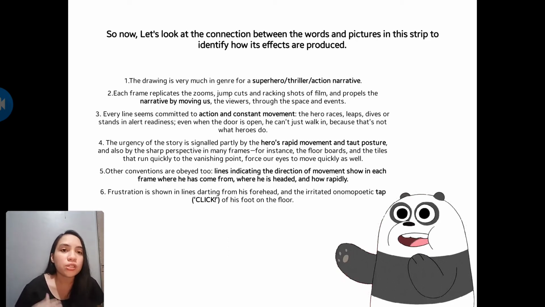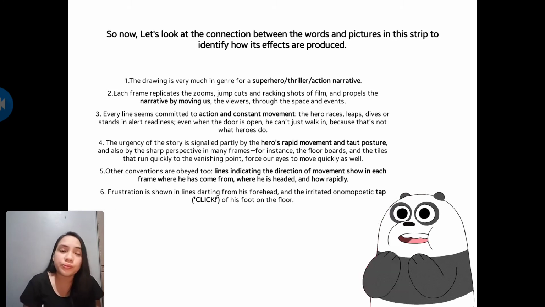So fourth, the urgency of the story is signaled partly by the hero's rapid movement and taut posture, and also by the sharp perspective in many frames. For instance, the floorboards and the tiles that run quickly to the vanishing point force our eyes to move quickly as well.